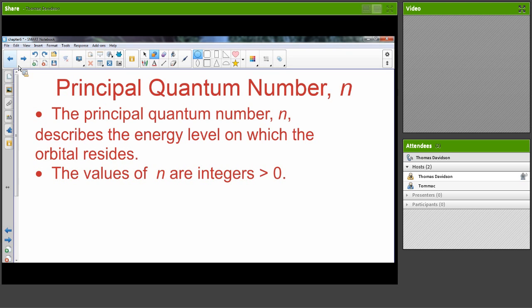An integer means a whole number, right? So the principal quantum number can be 1, 2, 3, 4 to infinity, but it has to be a whole number. In this class, we will not go past n equals 7. So it will be between 1 and 7.